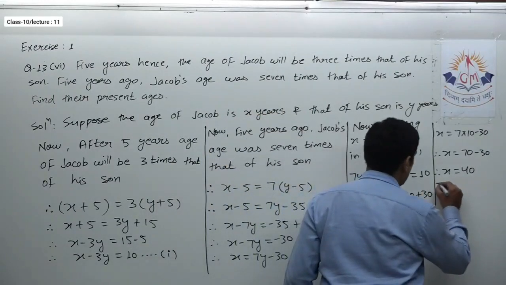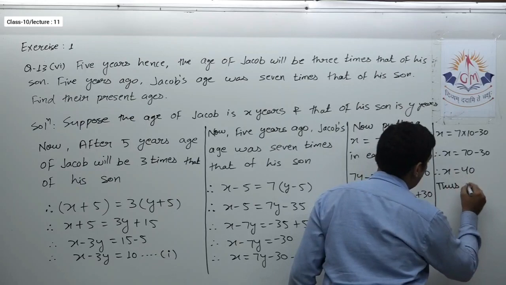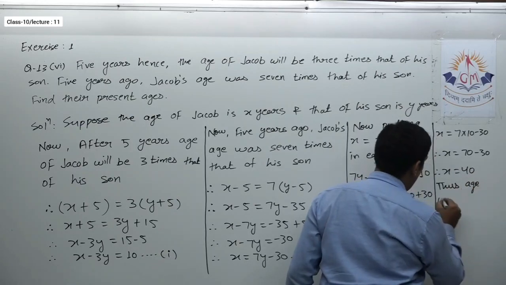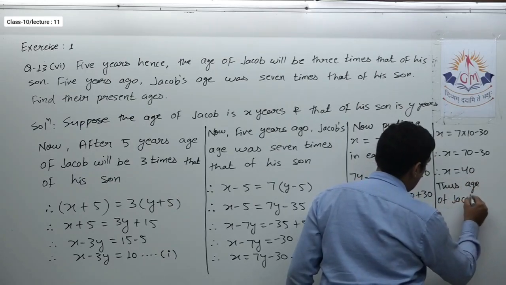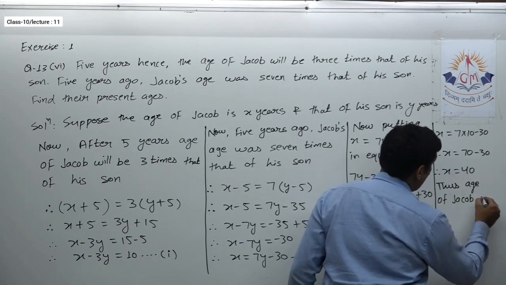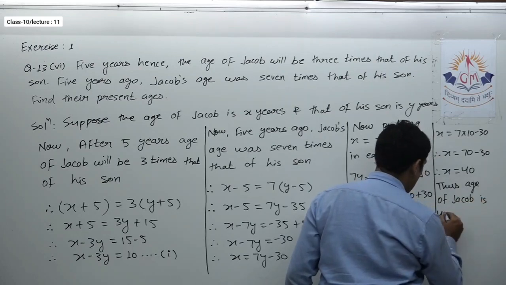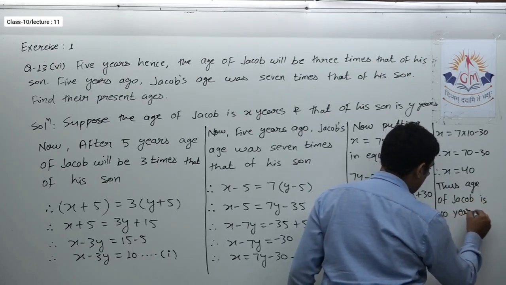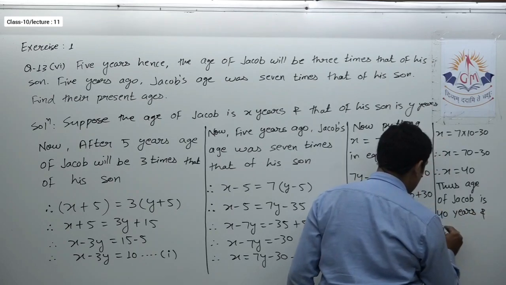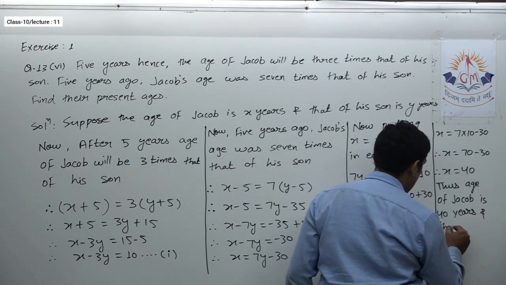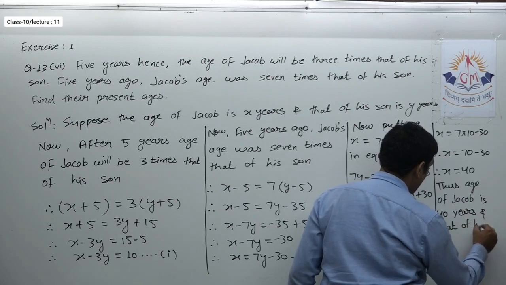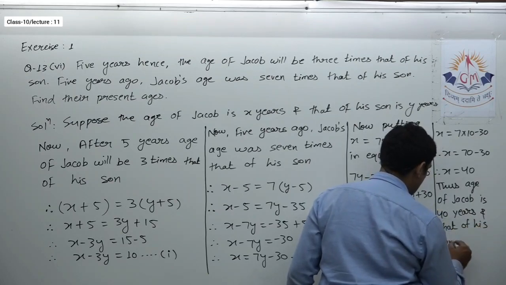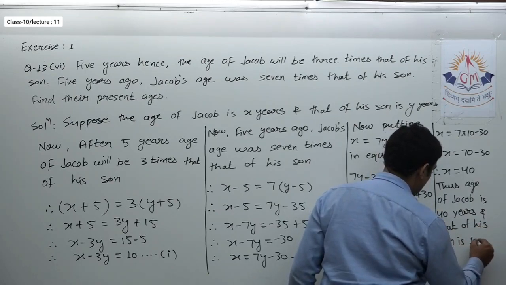So here I can write, thus the age of Jacob is 40 years and that of his son is 10 years.